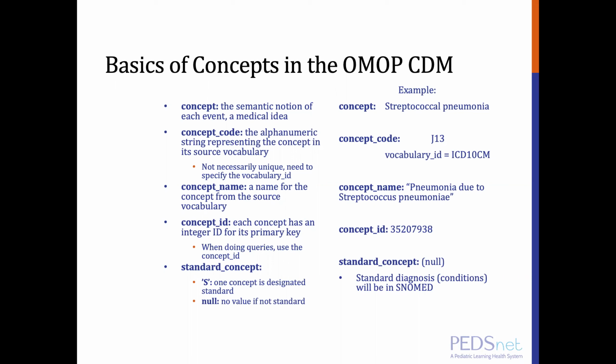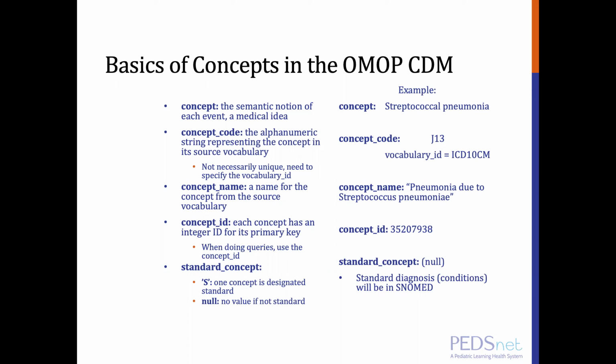So on the right is an example of what this could look like. So if we took the idea of streptococcal pneumonia, a pneumonia that's due to the streptococcal bacterium. This has a concept code of J13 in the ICD-10-CM, so ICD-10 clinical modification vocabulary.